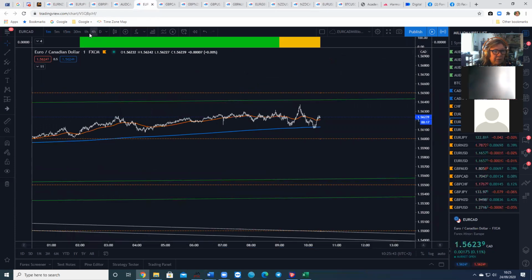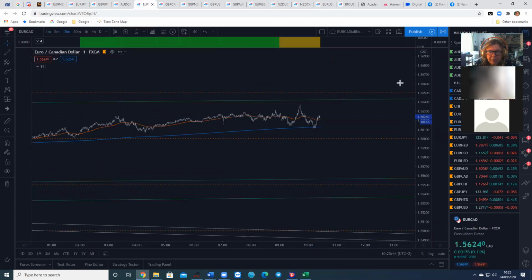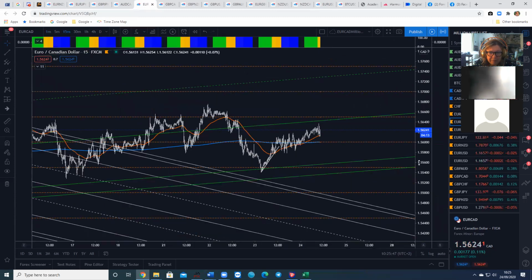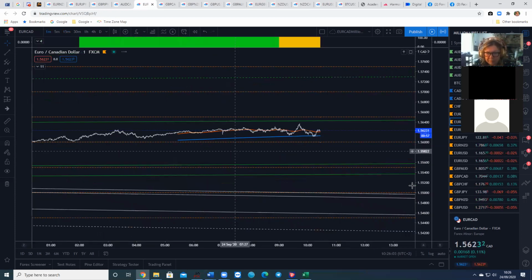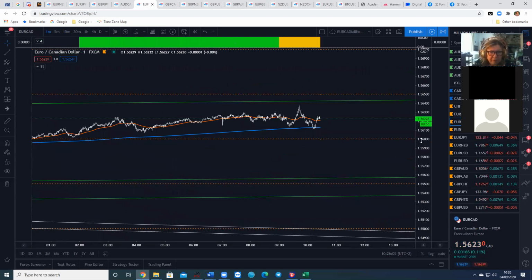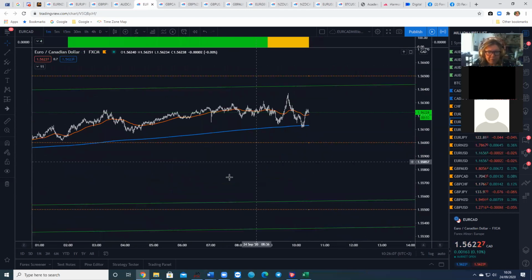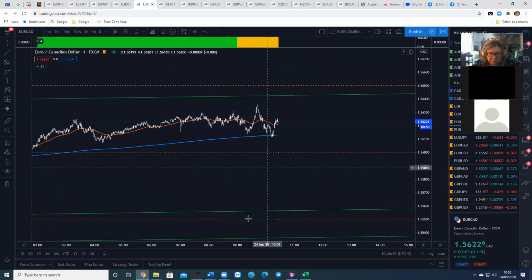So on the euro CAD, let me look at the 15-minute. Let's take that line off from yesterday. So it's on its way up. I wonder whether we've got a fib that we can put on. Can't really see one. So we've definitely got euro CAD buying at the moment.